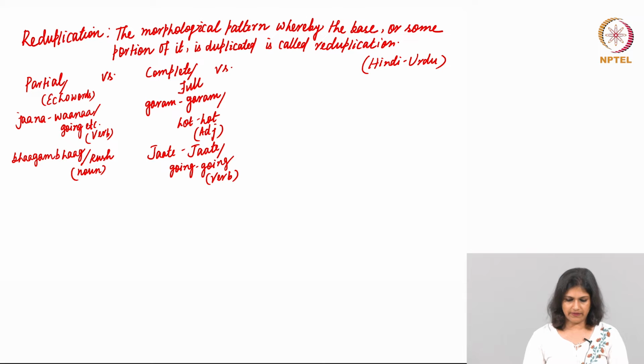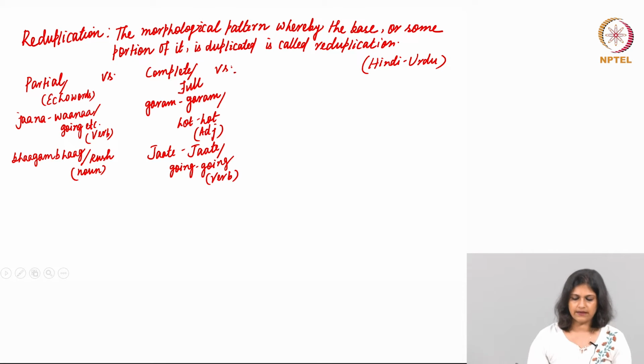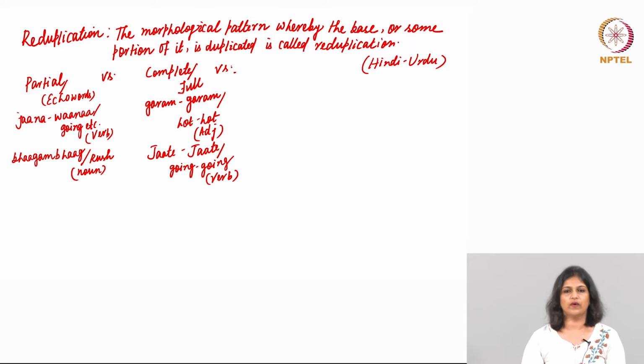So, I have given you some examples of Hindi Urdu here. The concern here is that we need to understand how reduplication works in a language like Hindi. Why I chose Hindi?